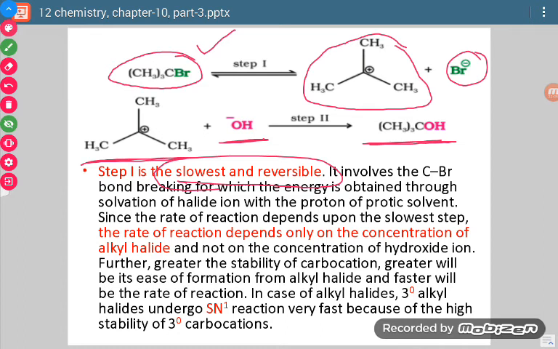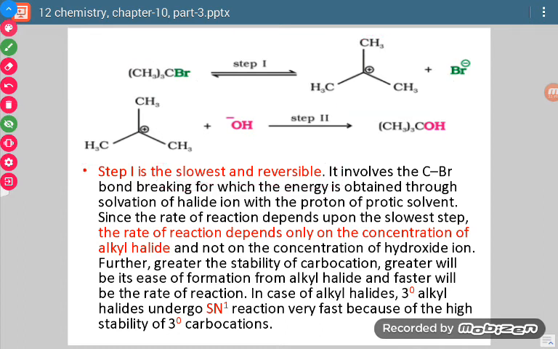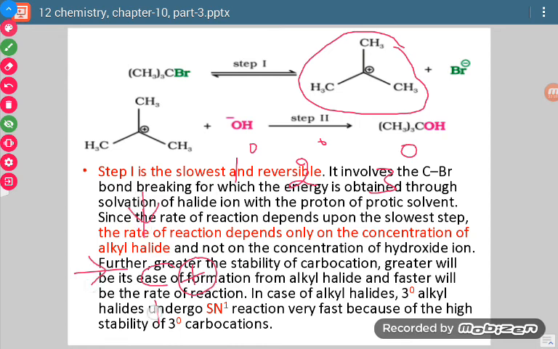Now the question comes, what should be the order of reactivity for this type of mechanism, or this type of reaction will take place in which type of alkyl halides? Since there is formation of carbocation, and we know that carbocations are of three types: primary, secondary and tertiary. In a carbocation there is presence of positive charge on the carbon. So if more electron releasing groups are attached, then the carbocation will be more stable.